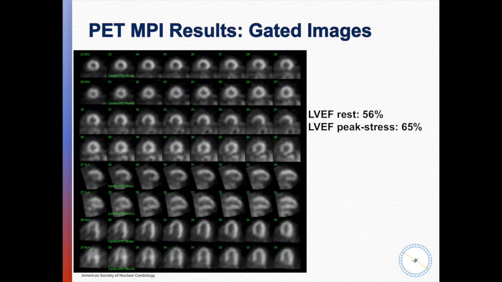Calculated EF at rest was 56%, and at peak stress was 65%. However, if you look more closely, you may be able to discern certain segmental abnormalities, especially in the inferior segment where there is lack of thickening between rest and stress, and this might be indicative of severe lesion in that particular territory.